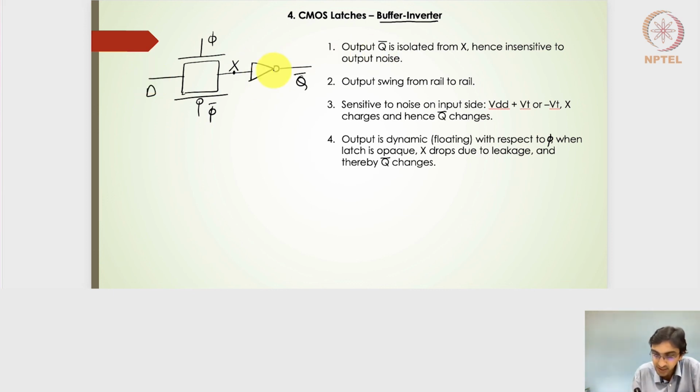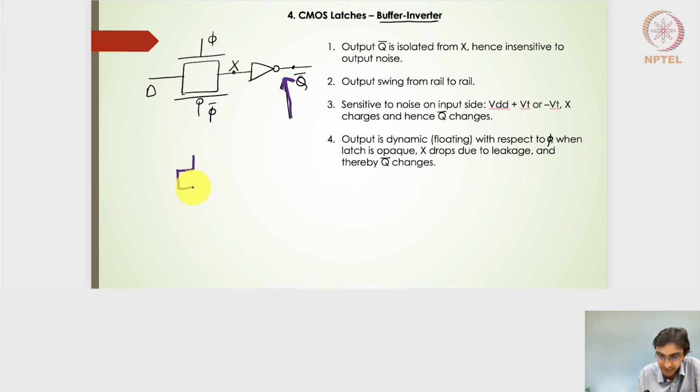So what it does is the output Q bar is now isolated from the X. Even if I have a noise coupled at the output signal, it will not have any effect on the X input.